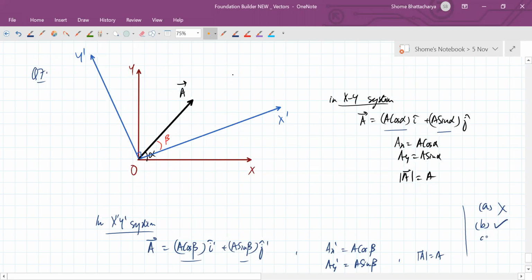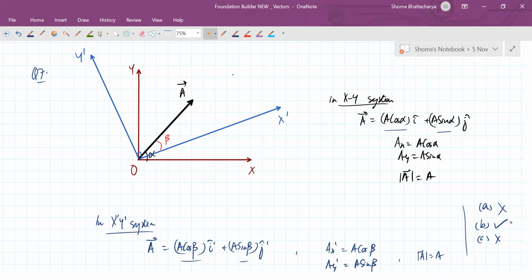Then option C is saying the vector itself, it does not, because the magnitude and direction of the vector does not depend on the axis. It's only the components which depend on the axis. The vector arrow A itself has not changed when I change the coordinate frame. It is only the components of A which are written with respect to i cap, j cap, or i prime cap and j prime cap. Those are changing.